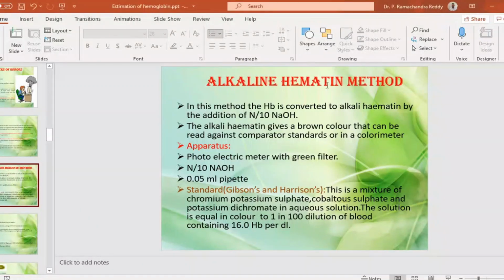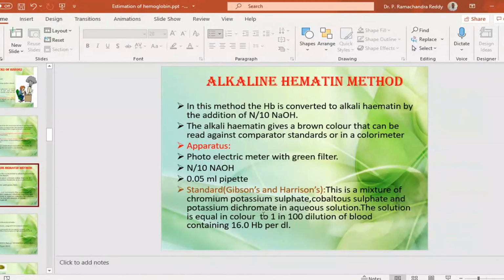We need 0.1 N sodium hydroxide, a 0.05 ml pipette, and Gibson and Harrison's standard.